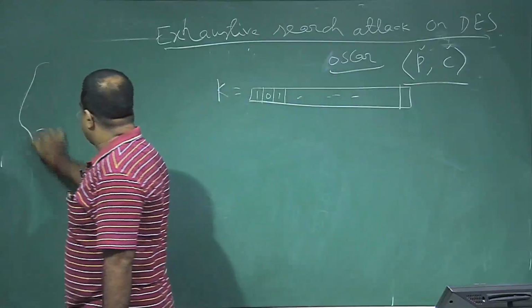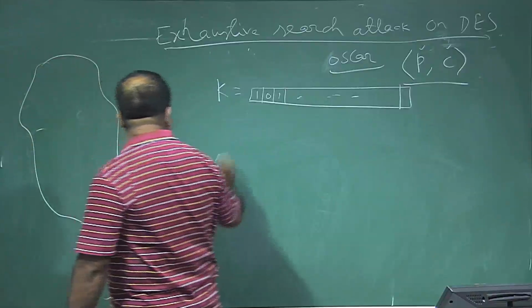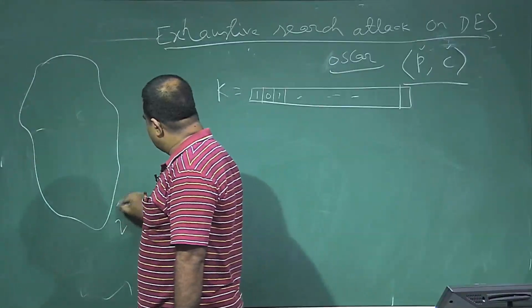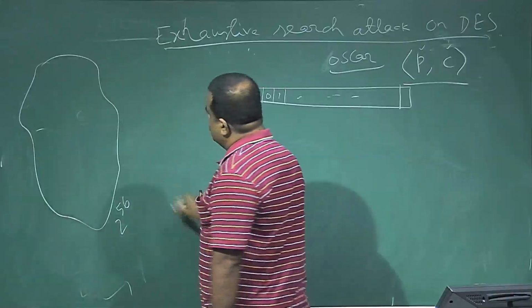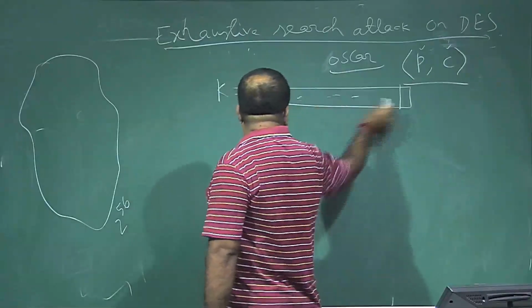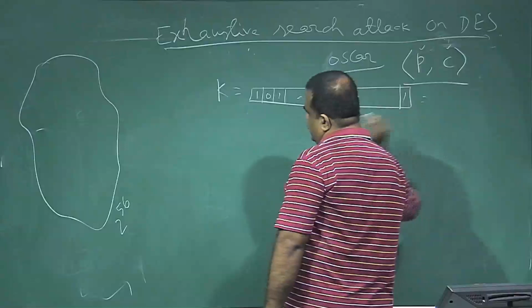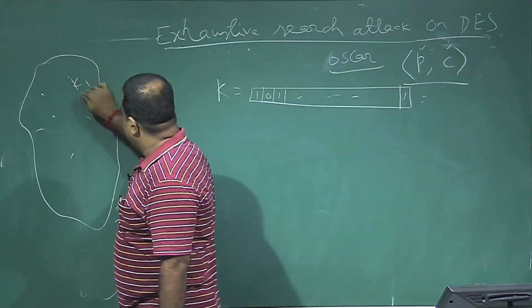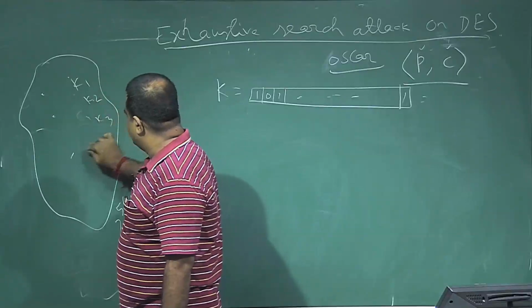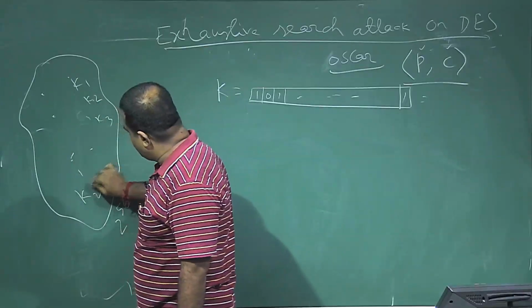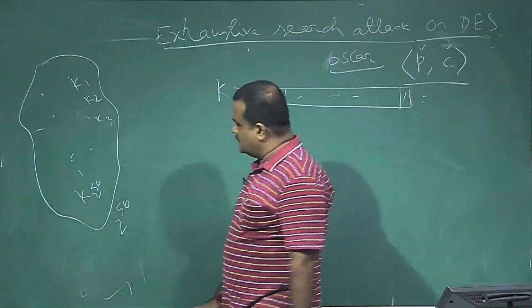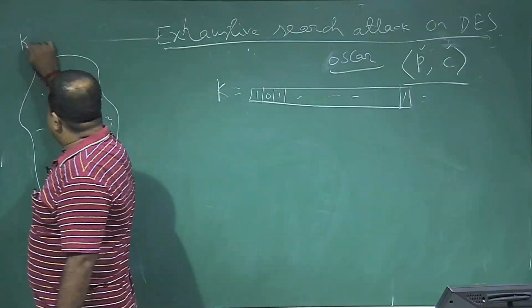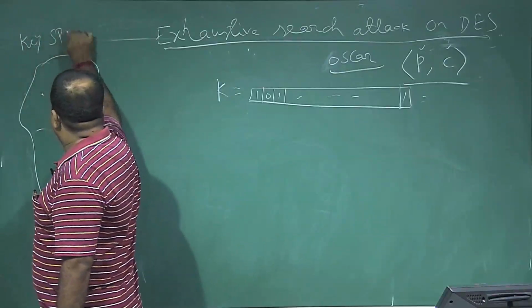This is the key space. What is the size of this key space? 2 to the power 56. So, these are the keys K1, K2, K3 up to K 2 to the power 56. These are the possible keys. This is the key space for DES. Okay.